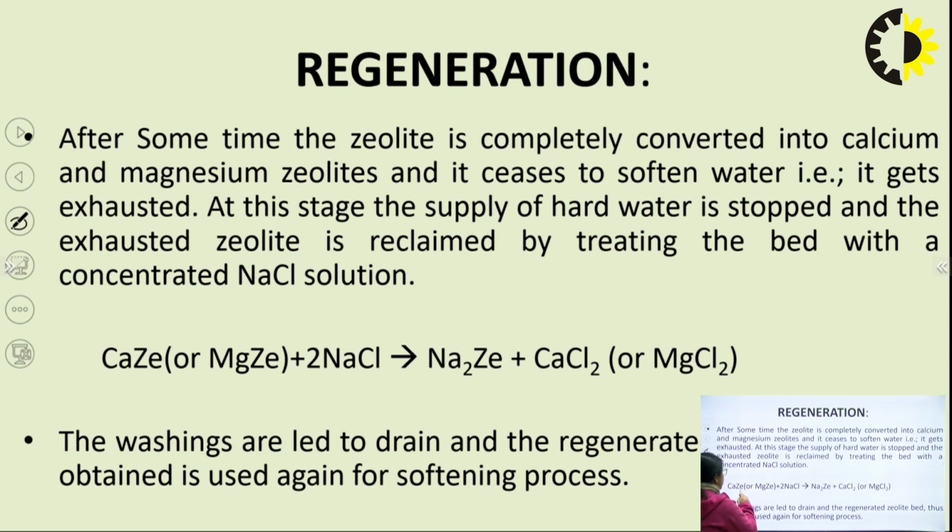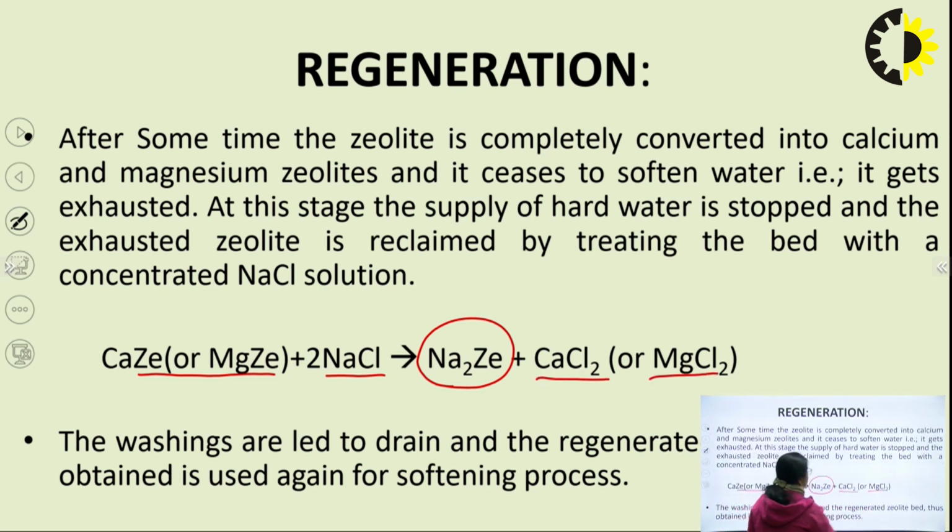So this reaction takes place. Calcium or magnesium zeolites, on taking the NaCl, get converted back into sodium zeolite, and the outgoing water will have the different salts of calcium and magnesium. The washings are led to the drain, and the regenerated zeolite bed is thus obtained, and it can be used again for the softening process.